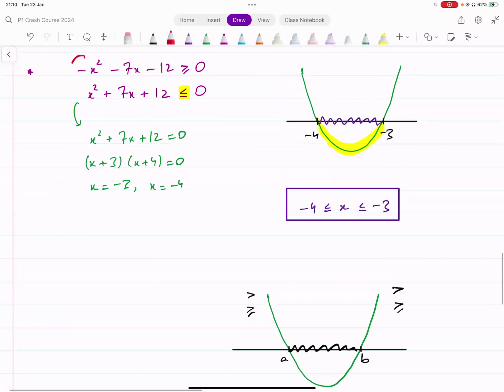We multiplied the inequality by -1. You make the coefficient of x squared positive like this, right?